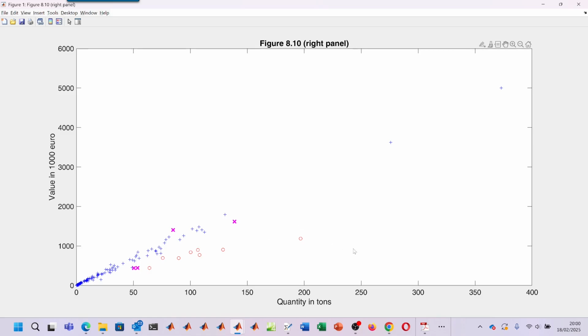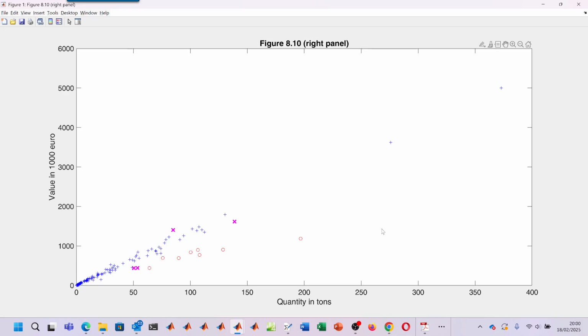We see here again that we have an appreciable number of observations that are not reckoned to be outliers. We also have some purple crosses, which are declared as outliers but are not thought to be of economic importance. And then we have red circles, which we do believe to be outliers and may be economically important.